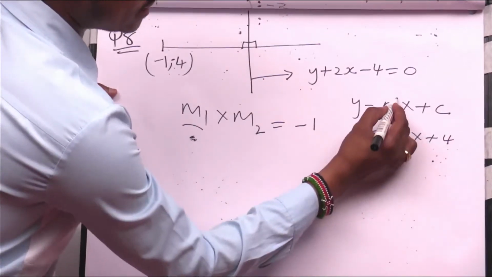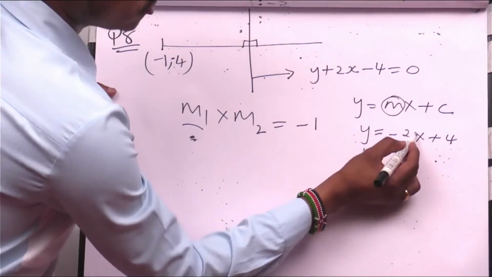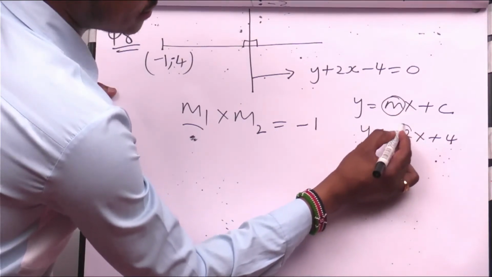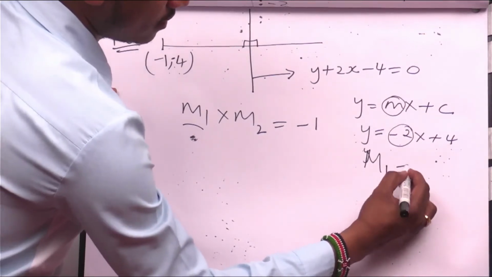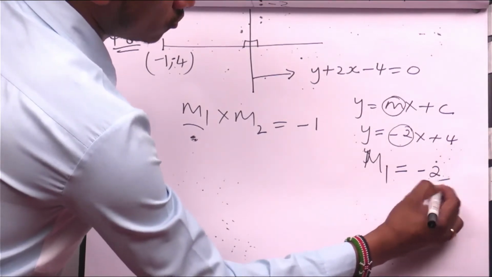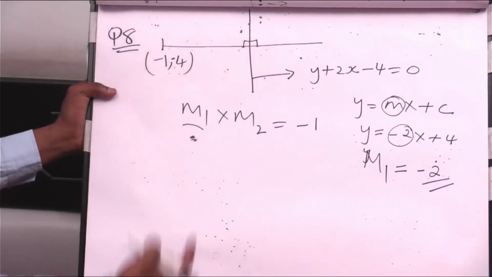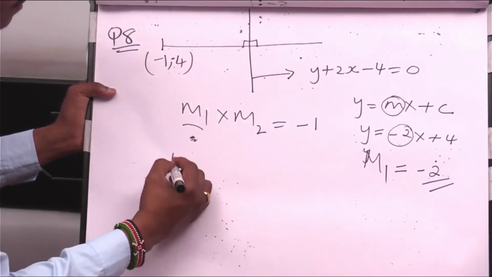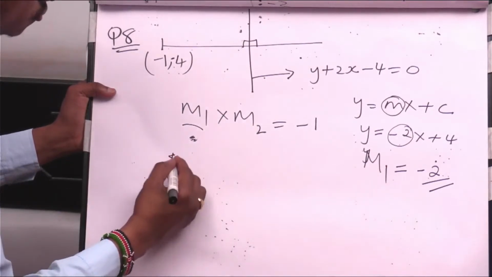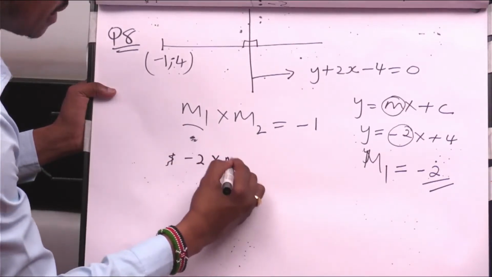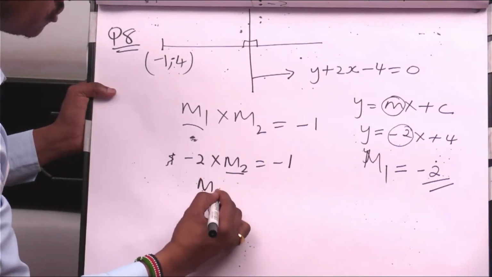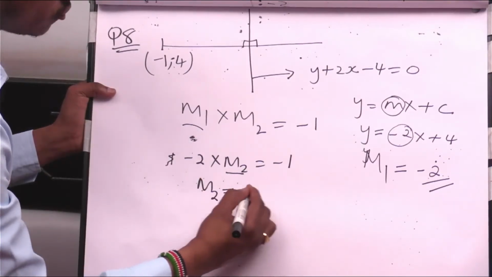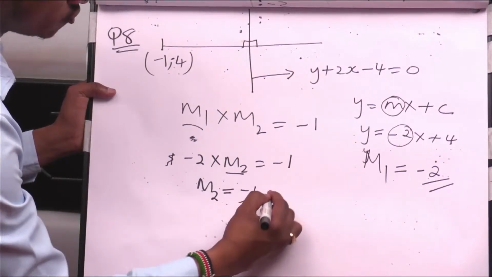So what is the gradient? This is the gradient. Therefore, gradient of line m1 equals minus 2. Then come back here. m1 gradient, which is minus 2, times m2 equals minus 1. So m2 equals minus 1 over minus 2, which is a half.